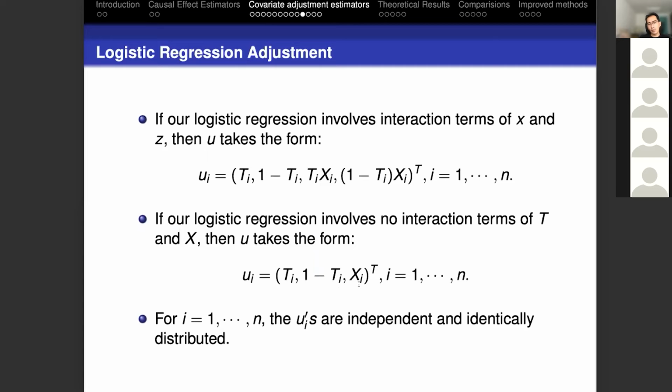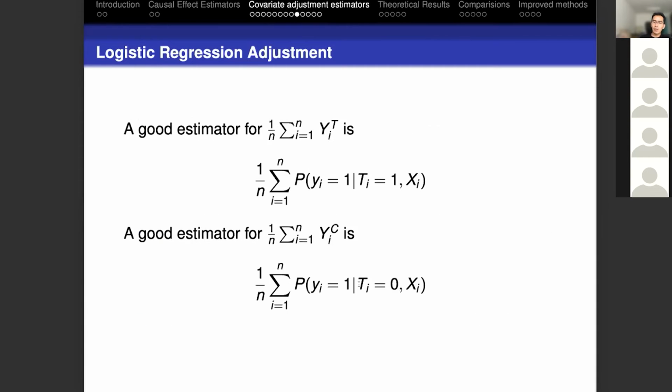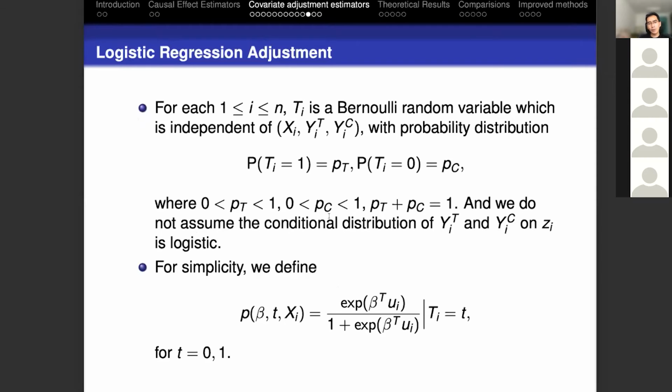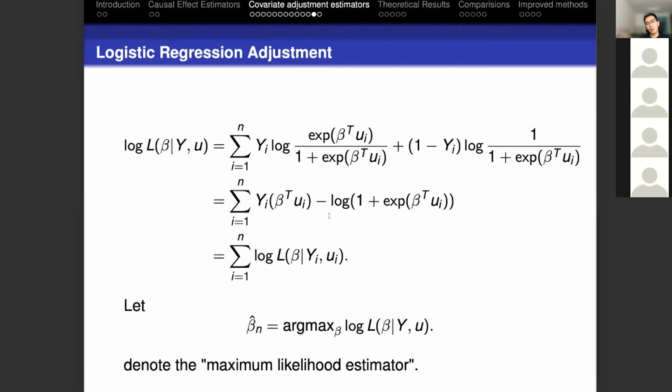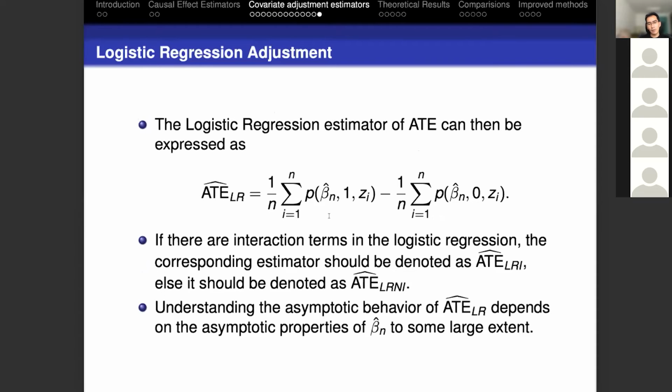Because we are using a logistic regression model, we can use the maximum likelihood estimator to estimate the coefficient beta, and then we estimate the probabilities, and then we estimate the average treatment effect. So this is the procedure. We fit a logistic regression model, use the maximum likelihood estimator to estimate beta, then estimate these probabilities and calculate the average treatment effect using the difference of the average probabilities.